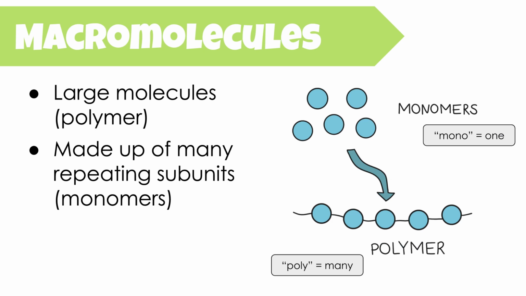When many of these little single subunits, monomers, combine together, repeating over and over again, we get a larger molecule called a polymer, where poly in Latin means many. So many monomers come together to form these larger polymers. Most of these macromolecules have this repeating subunit structure.